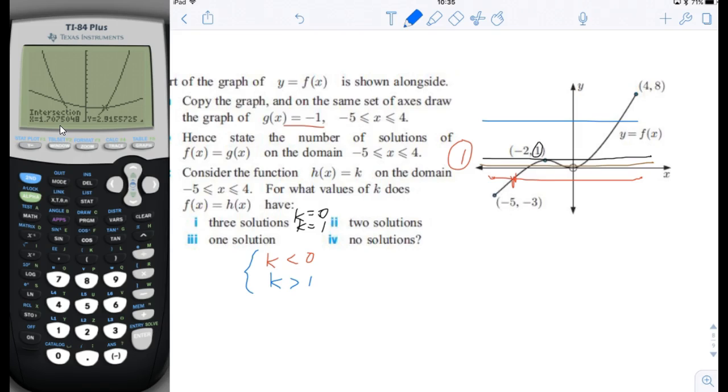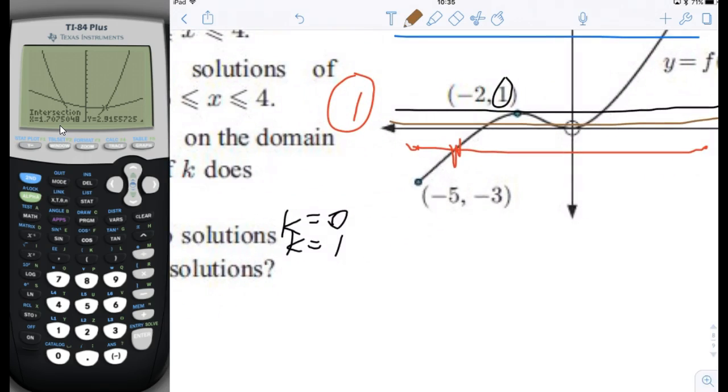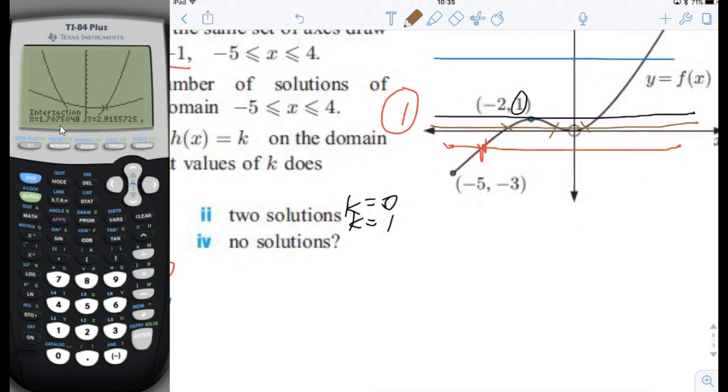I'm sorry. Didn't mean to confuse you there. This is the answer for 2 solutions, right? Exactly, 2 solutions. The answer for 3 solutions is the brown line. So the brown line would be cutting it 3 times, right? 1, 2, 3. That would happen when the brown line is between 0 and 1.